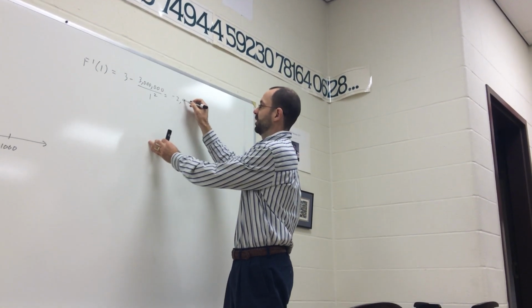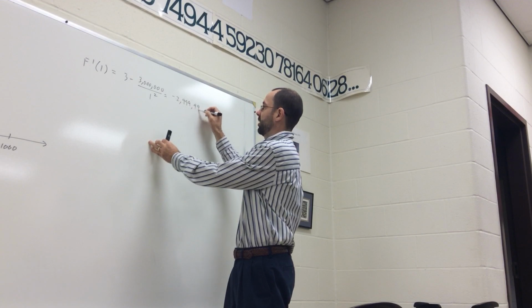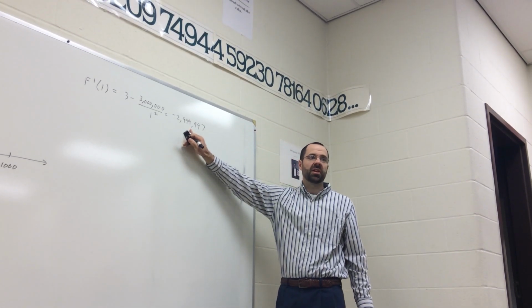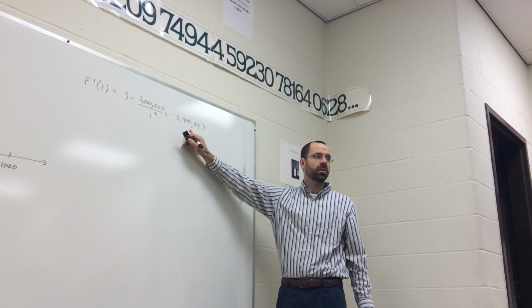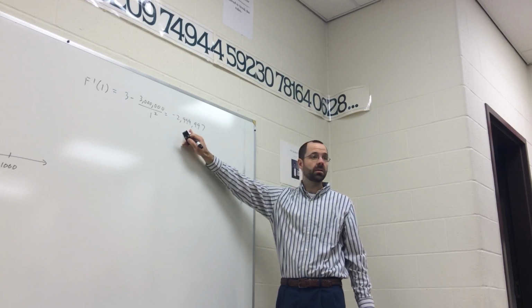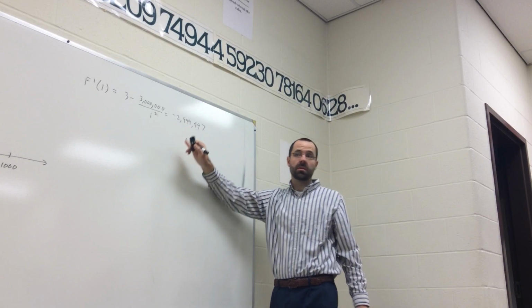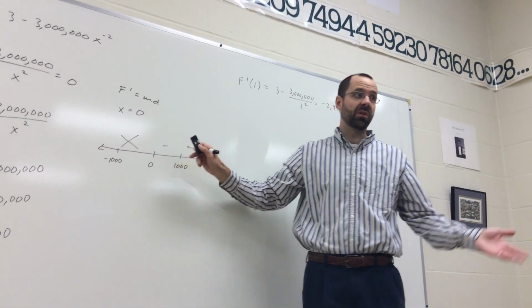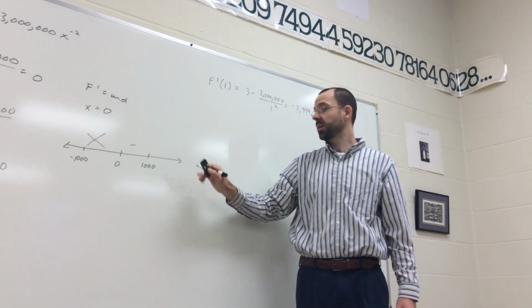It's negative 2,999,997. Just subtracted 3 from 3 million. So it's negative from 0 to 1,000. The derivative is negative from 0 to 1,000.